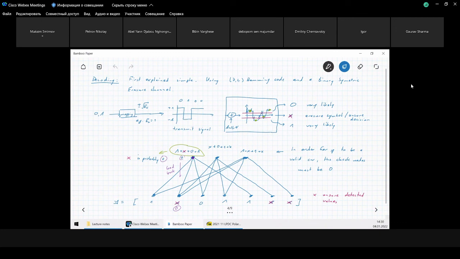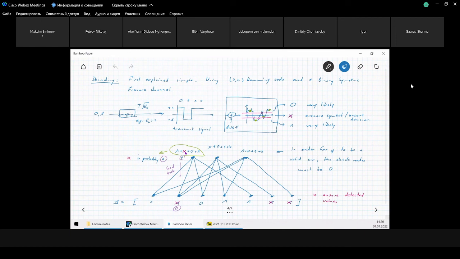We need to come up with probabilities here, for example, the probability that the sum of certain bit values will turn out to be 0 or turn out to be 1. So this is one more theoretical thing that we need to derive: what's the probability that the sum of certain binary random values will turn out to be 1 or 0? But this can also be derived, and we will do this next time.